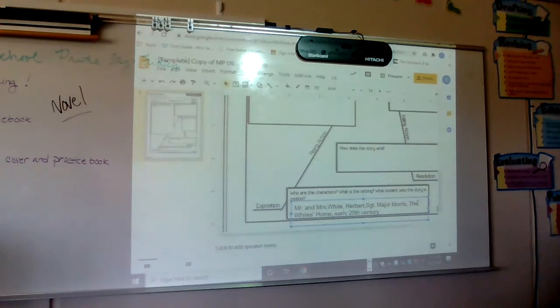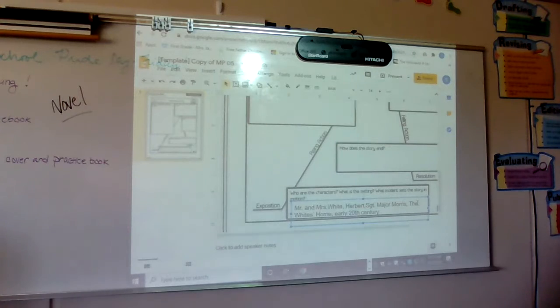How do we figure out what is going on? Ariam? Magic. Okay, but how do we learn about the magic? Sergeant Major Morris tells what? The tale of the monkey's paw. Okay, Sergeant Major Morris tells the tale of the monkey's paw.